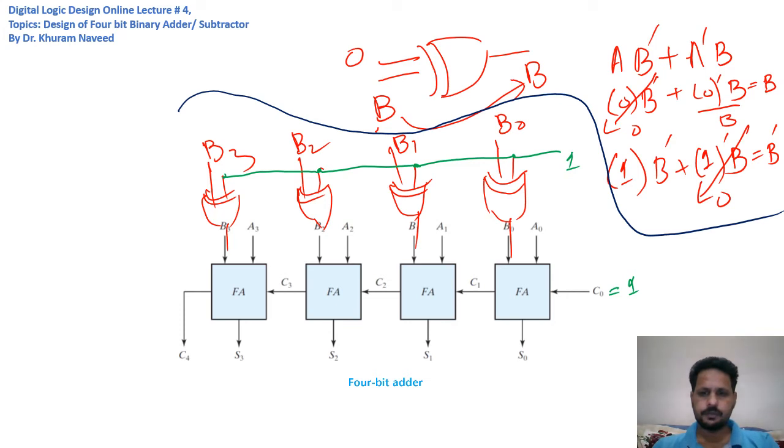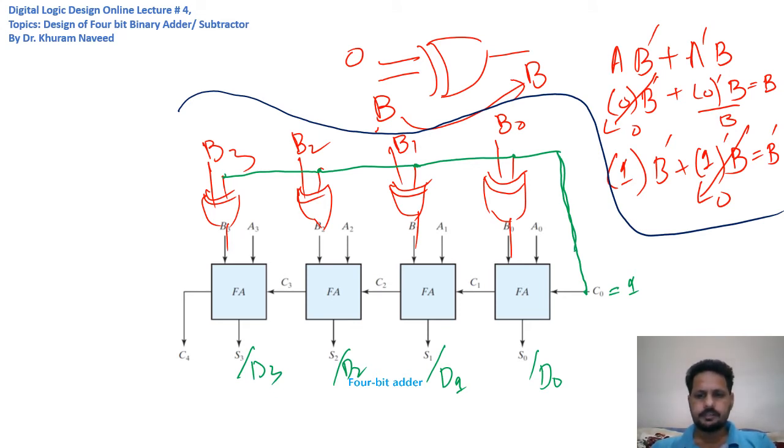This means if we just connect this C naught to the XOR gates, it becomes a very meaningful circuit where if we change this C naught to 1, we get a subtractor. In this case, the output would be the difference, right?